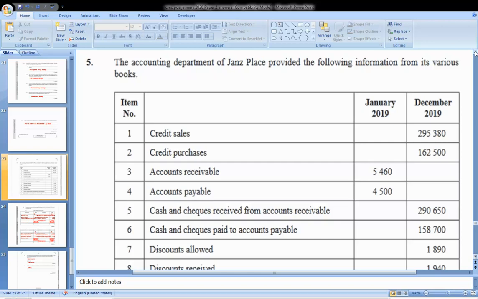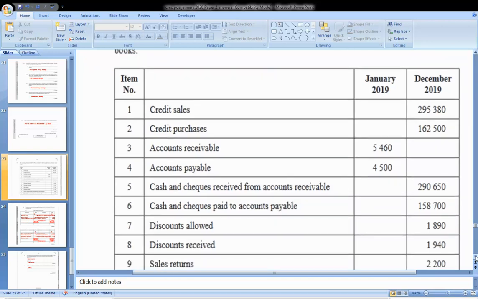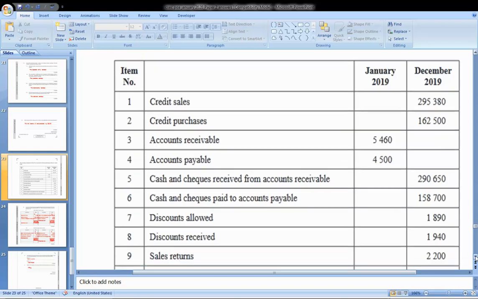Accounts payable, 4,500. Five, cash and checks received from accounts receivable, 290,650. Cash and checks paid to accounts payable, 158,700. And then discount allowed, 1,890. And then we have discount received, $1,940.